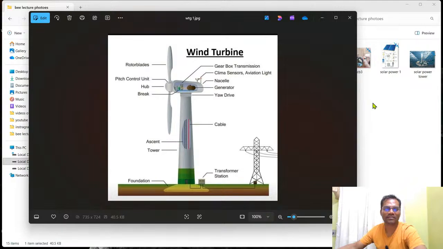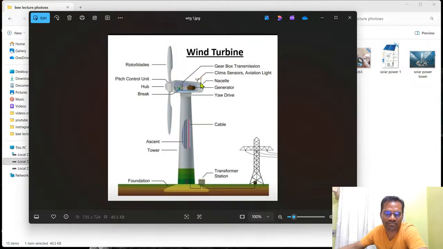I think now the wind turbine generator is visible to you, right? These are the rotor blades of our wind turbine generator. This is pitch control, I mean these blades can rotate 360 degrees, and this is the hub. This is the mechanical brake, and from here you have a gearbox, and from the gearbox it is connected to a generator.